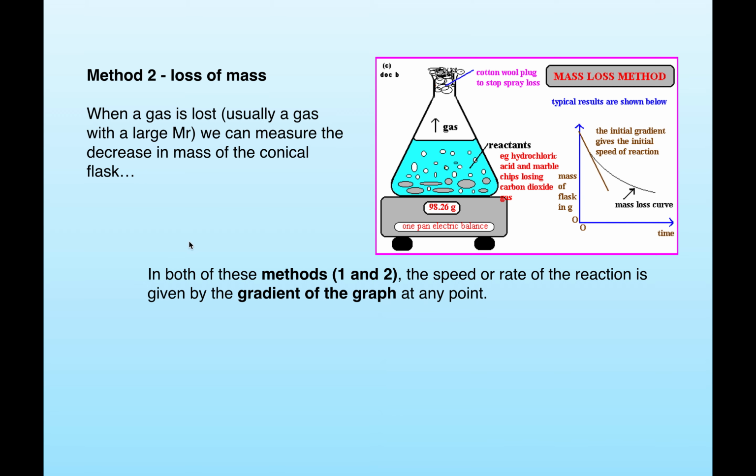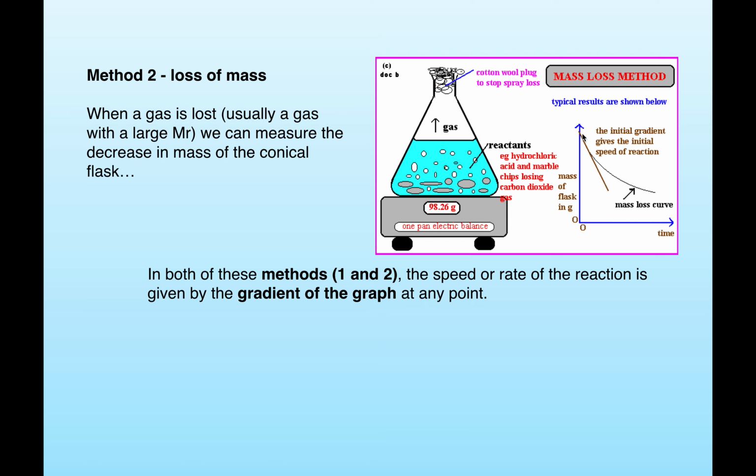In methods 1 and 2, what we've just looked at, at any moment in time you can see, or even calculate, how fast the reaction is going. It's given by the gradient of the graph. So the steeper the gradient, the faster the reaction.